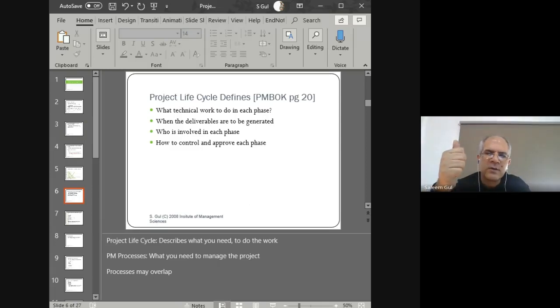And number two, we are also concerned about when these deliverables are going to be produced, who's going to be responsible for producing them, who's going to be responsible for approving them, who's going to be responsible for receiving them, and so on and so forth, right? So having a life cycle allows us to start thinking along those management lines as well as the technical lines, right? So it helps us to improve our management.